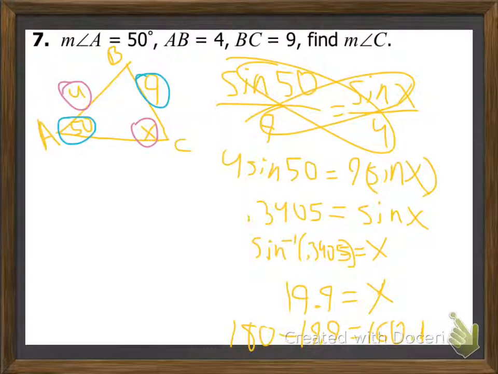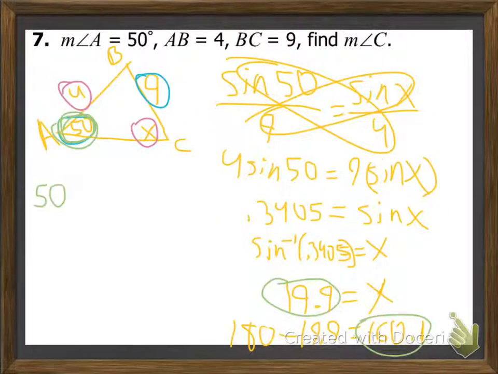But now we have to see which answer is going to be correct. So what we're going to do over here is I'm going to take this angle 50 and I'm going to add it to my two angles that I just found and see if it's going to be greater or less than 180. So over here, we're going to have 50 plus 19.9, and when you add those together, it is less than 180. So that checks out.